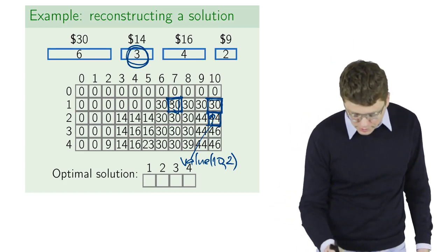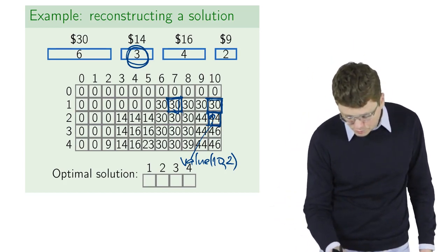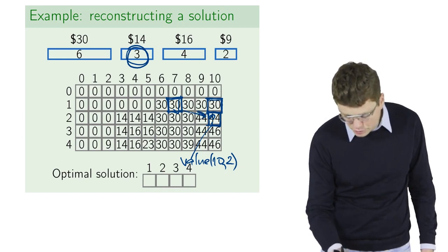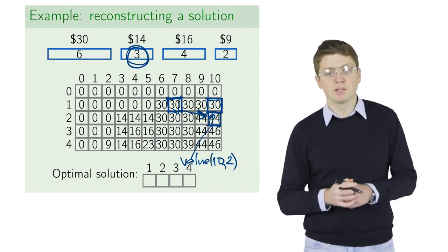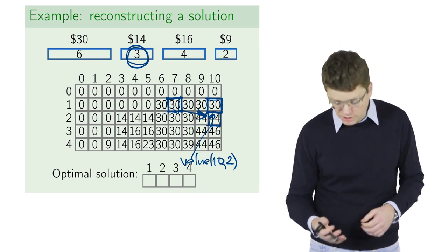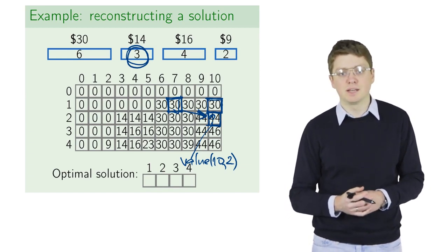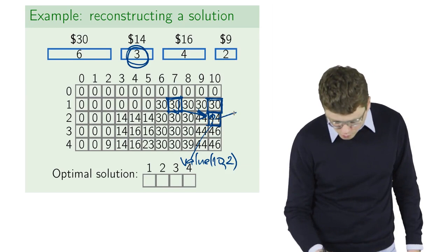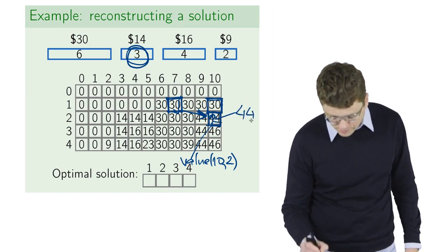Also, if we add the second item to this solution, we get 30 plus 14, which is much better than without using the second item, right? So that's why we have 44 here.